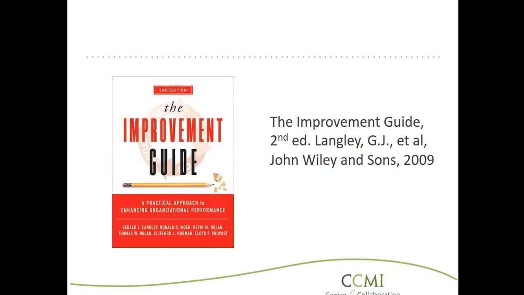This is a fantastic book which gives you everything soup to nuts around quality improvement. It talks a lot about the model for improvement that we're going to be discussing shortly, but it also gives you all sorts of tools around how to analyze data, other improvement methodologies that may be appropriate for what you're doing. So I'd hesitate to say it, but it's the Torah, Quran, Bible of quality improvement.